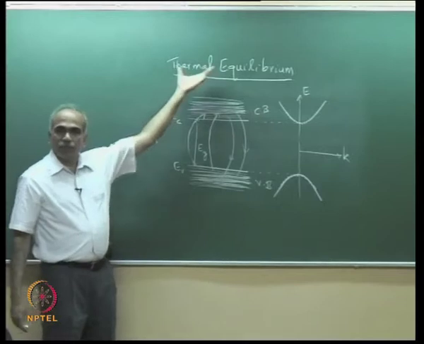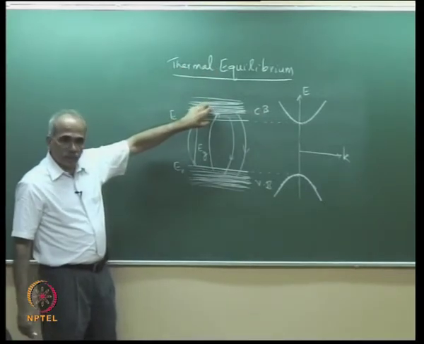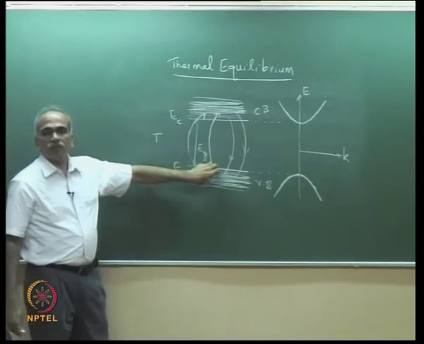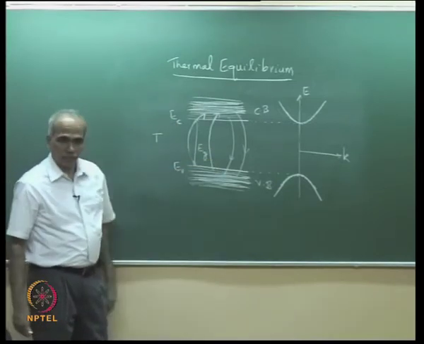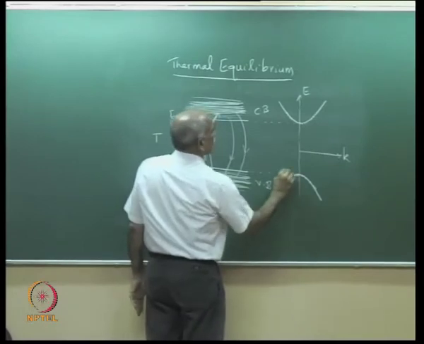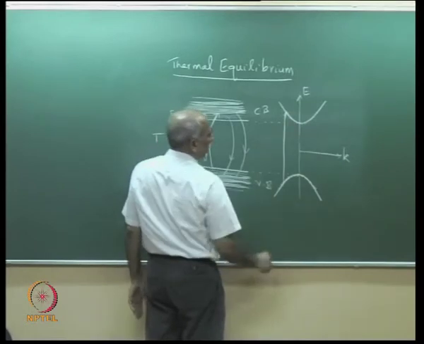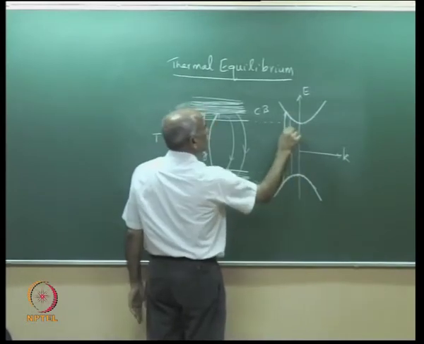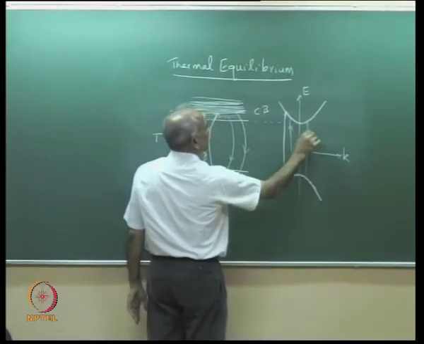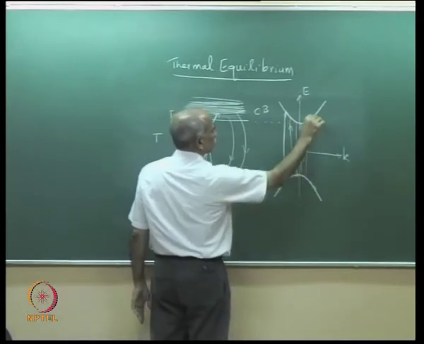But there is an equilibrium. At equilibrium, there is an average number of carriers here and an average number of carriers present here. So there are electrons which are making upward transition. It could make an upward transition here also, and also there are electrons which are making downward transition.